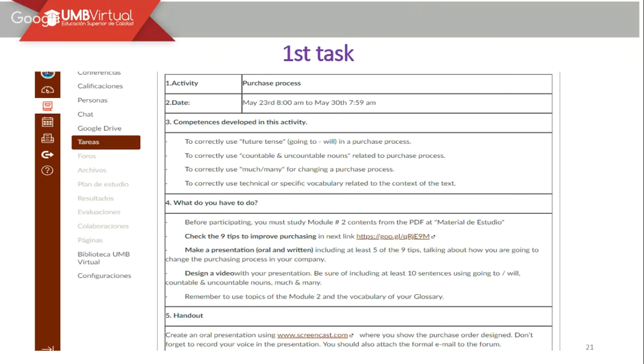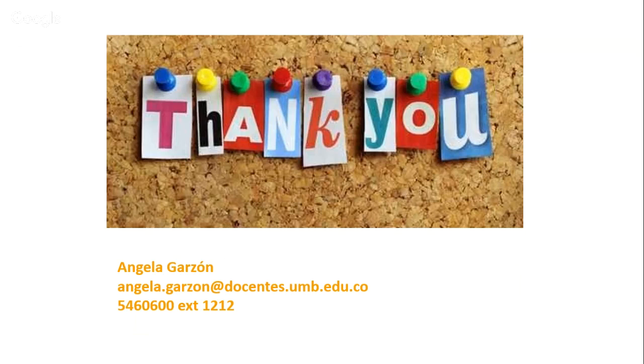Remember to use topics of the second module and the vocabulary of your glossary right there. So create an oral presentation. Okay, this presentation there is the whole explanation about it. I really hope that you understand this, that you have clear all the information right there.